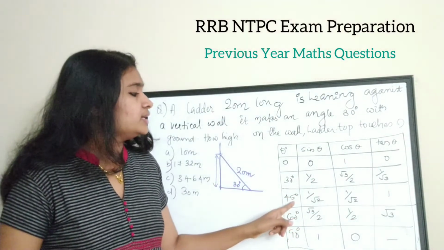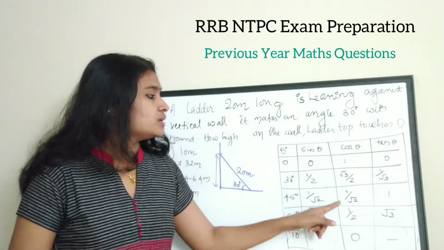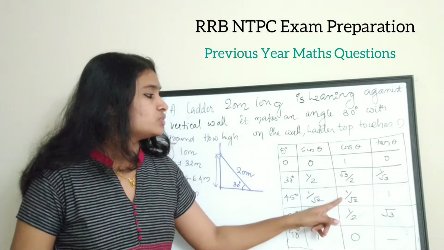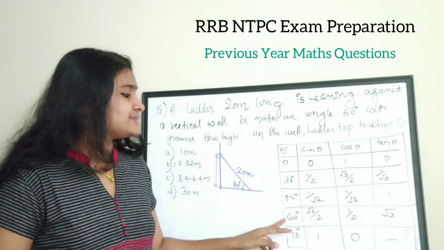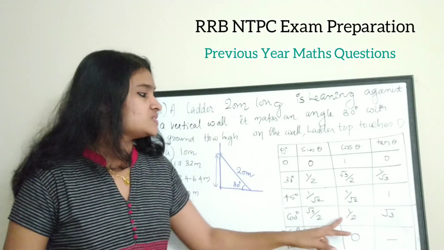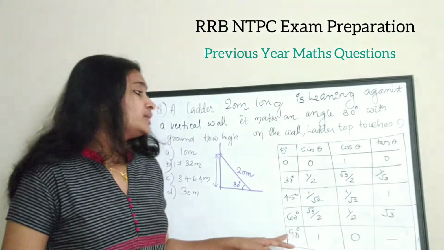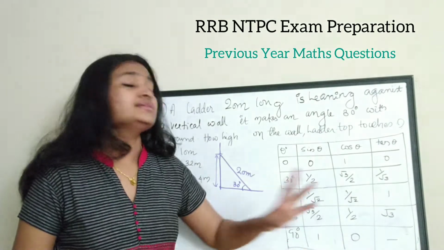Then 45 degree, sine 45 is 1 by root 2, cos 45 is also 1 by root 2, tan 45 is 1. Sine 60 is root 3 by 2, cos 60 is half and tan 60 is root 3. Sine 90 is 1, cos 90 is 0 and tan 90 is not defined.